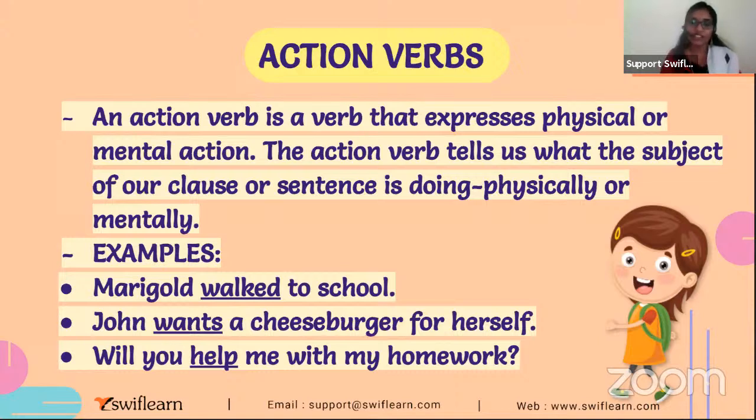Help is a physical action again, right? We are active physically, doing some action, and the action verb here is help. So in this slide we have three action verbs for your better understanding: walk, wants, and help. That's clear, everyone.